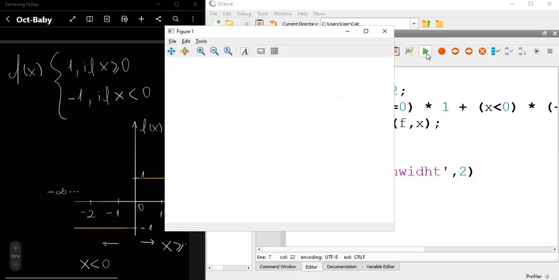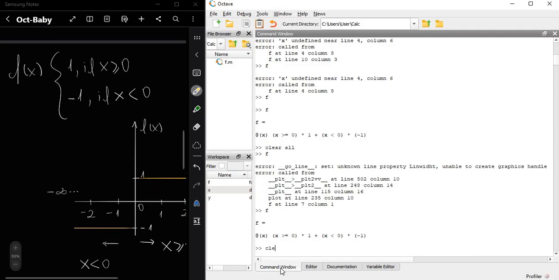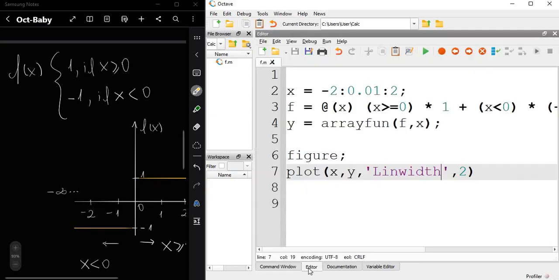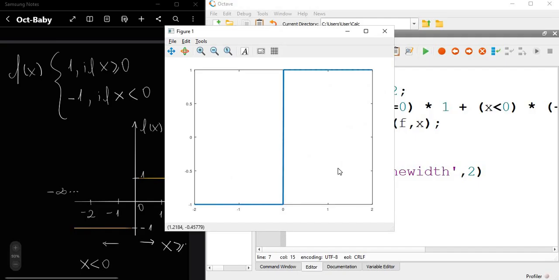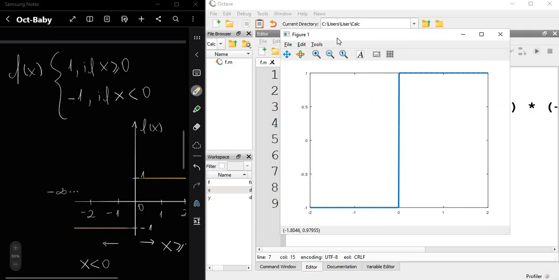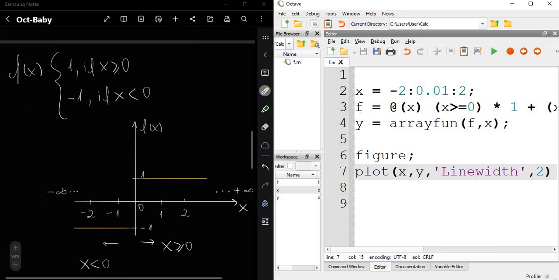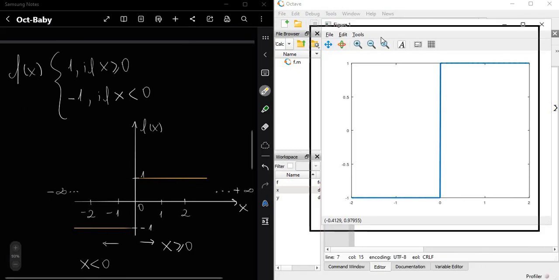Let's try again. Better. And that's it. Well, it takes a while till we got this result, but finally we got it.